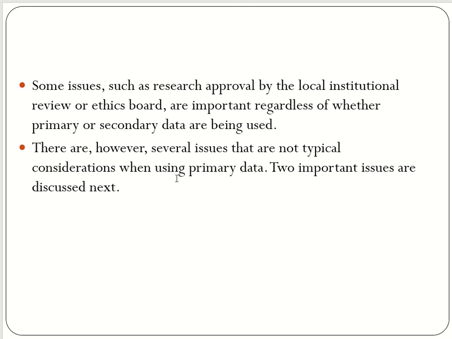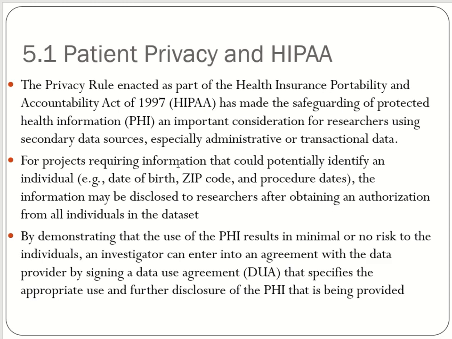Okay. There are, however, special issues that are not typical considerations when using primary data. Two important ones: first, we have patient privacy and HIPAA. I cannot tell you how much this is an issue. Dealing with the privacy of patients, especially whenever you're dealing with databases or patients' records.